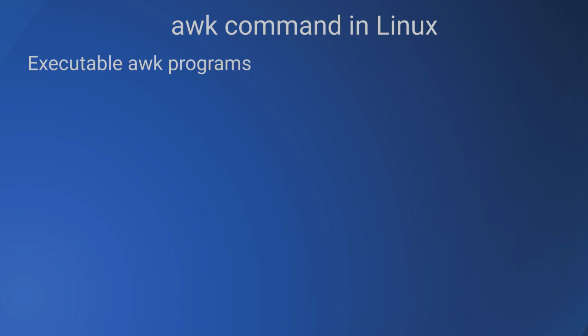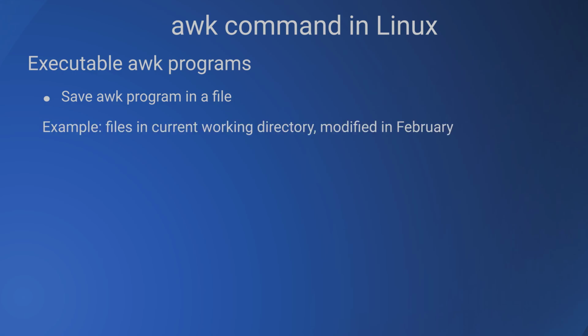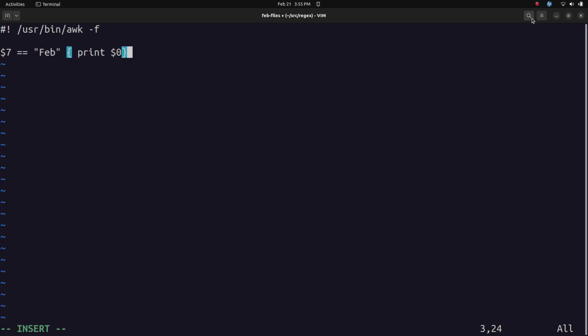You can make an executable awk program much like a shell script. All you need to do is to save the awk program in a file. Let's say we wish to find all files in the current directory which have been modified in the month of February. We call this febfiles and we open the file febfiles. The first line is the shebang and it is #!/usr/bin/awk -f and the program is one line: $7 == "Feb" {print $0}.